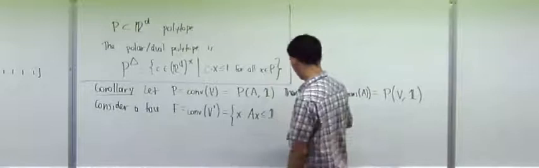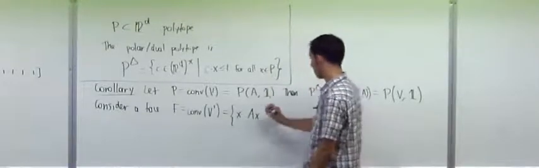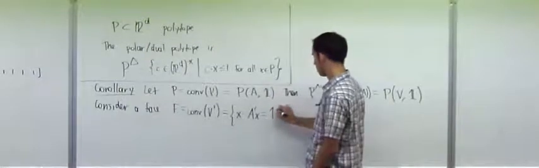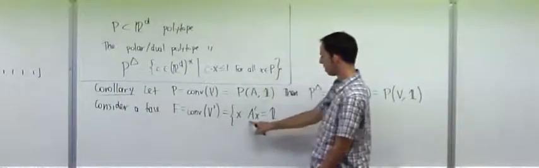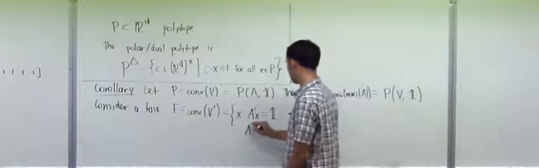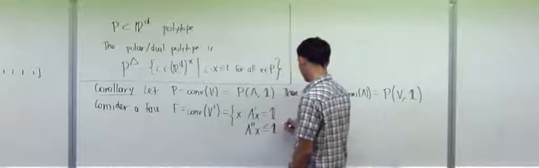So let me use the same notation that I had here. I want to say that I have equalities for A prime and inequalities for the rest.